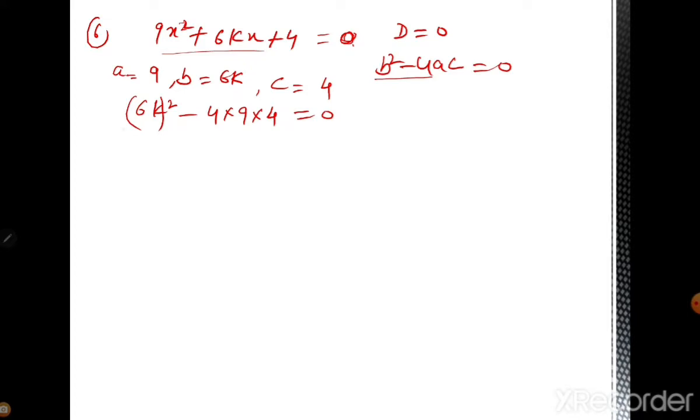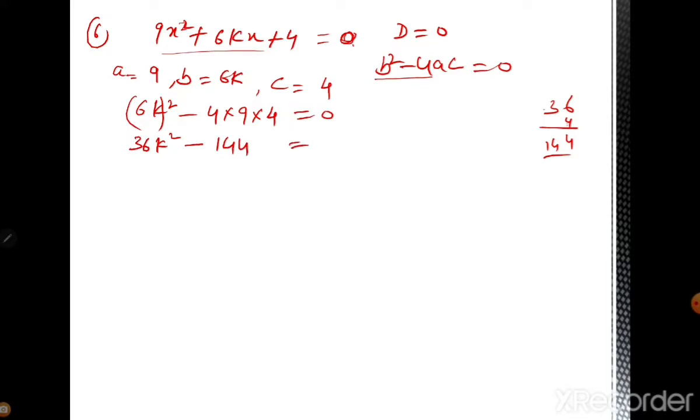So now this is 36k square minus, this is what? 4 4s are 16 and 16 9s are 144. You can multiply and find out here. 36 4s are 144, right? So here we'll write it.